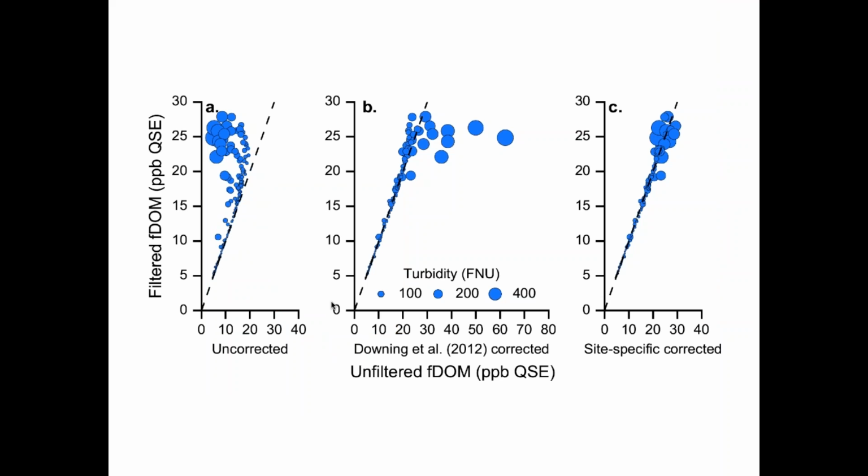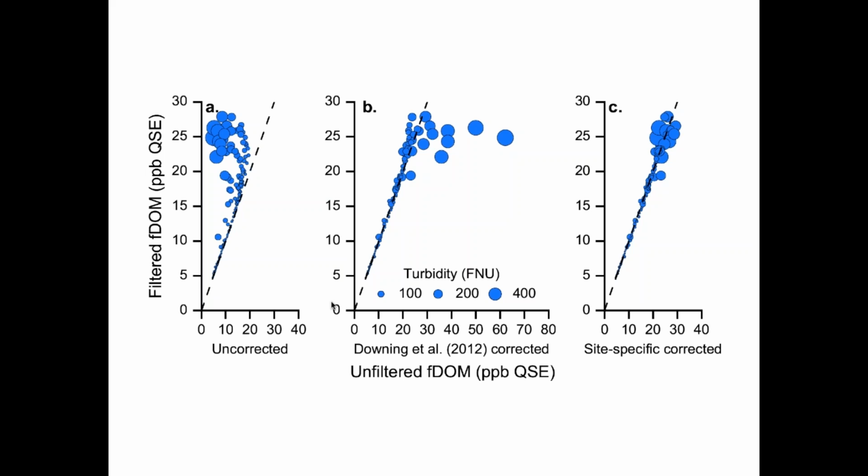And just kind of summarizing that in a plot, we looked at the uncorrected values on the left side there and compare that to our filtered values, which we take as truth, and the size of these points are proportional to the turbidity. So the points all lie to the left of the one-to-one line, showing that we're underestimating because we're losing light to the turbidity.